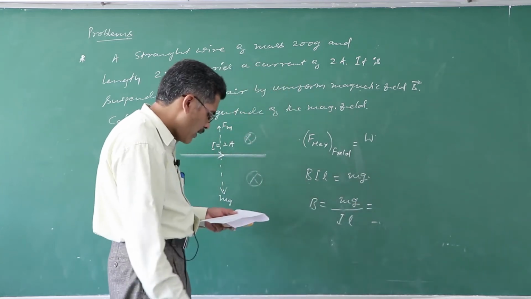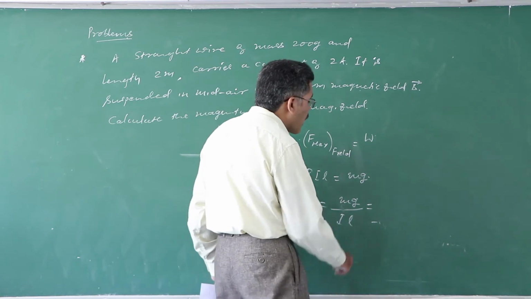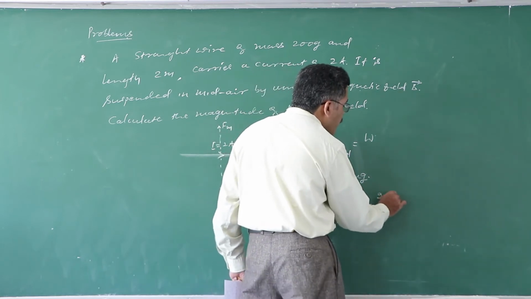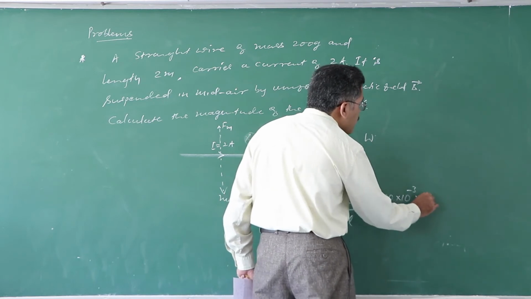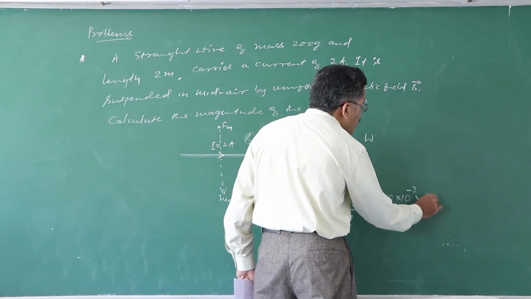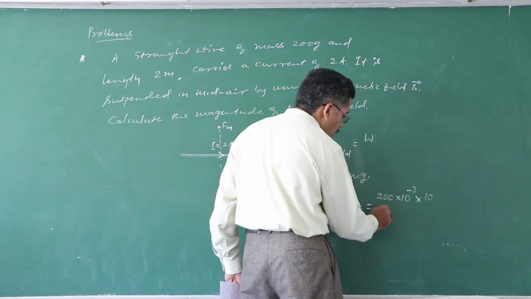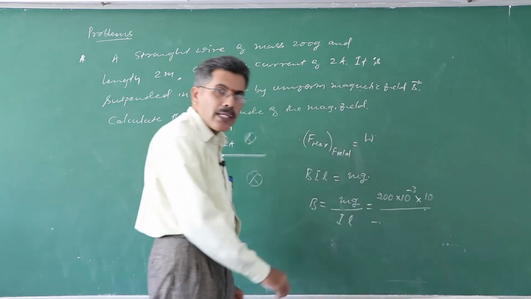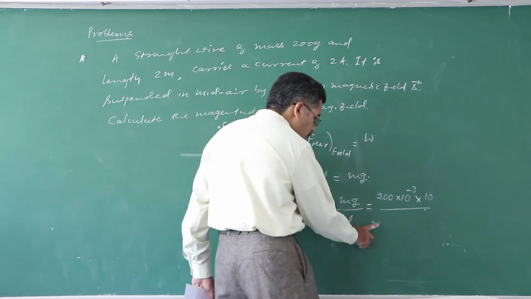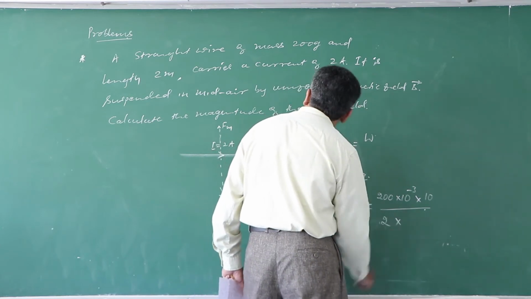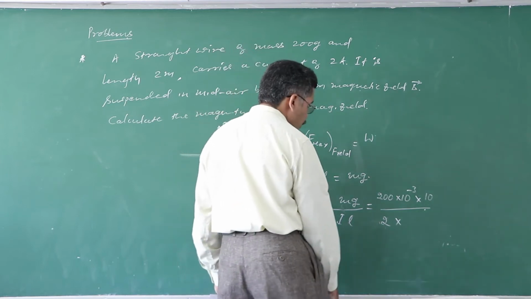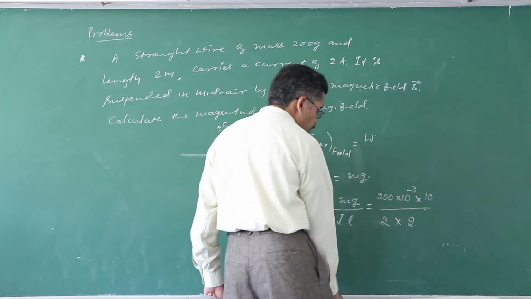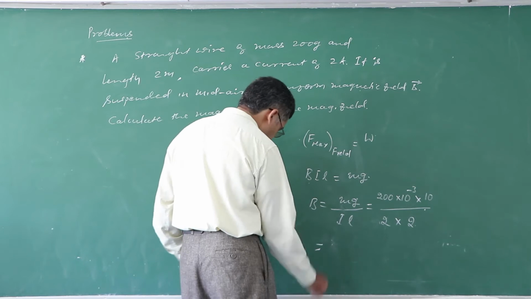What is m here? They have given 200 gram, 200 × 10^-3 kg. What is g? g is 9.8 or 10. Let me take 10 meter per second squared, approximately. And what is I given? 2 ampere. And the length of the wire is also 2 meter. What are you going to get?